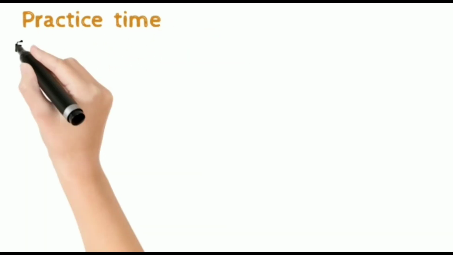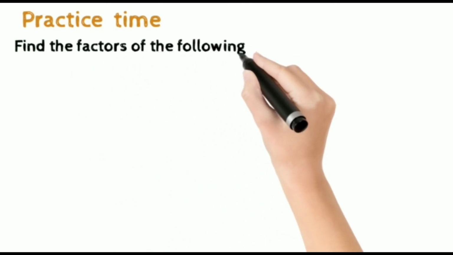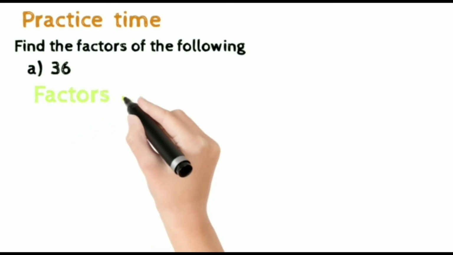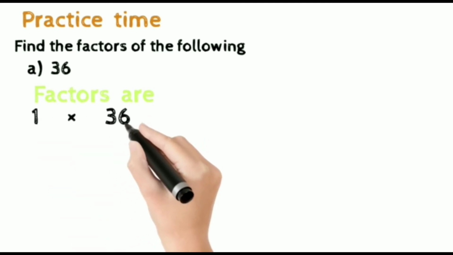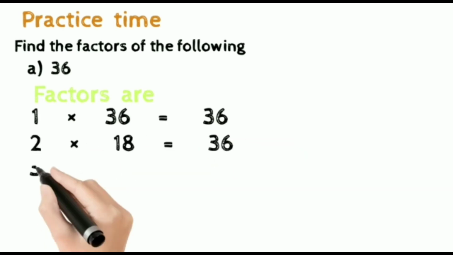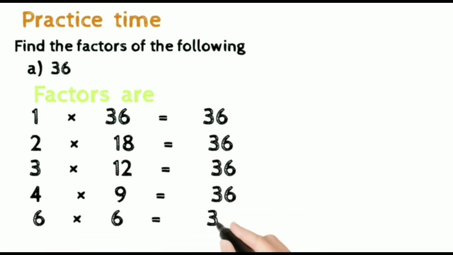Next we can do some practice also. Find the factors of the following: 36. We already know the rules. Then the factors of 36: 1 into 36 equals 36. 2 into 18, 36. 3 into 12, 36. 4 into 9, 36. 6 into 6, 36.